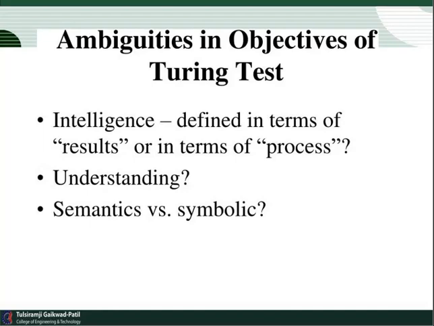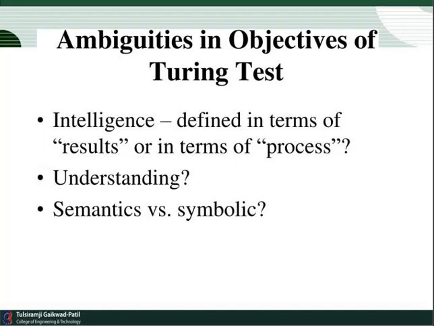Or if a person or machine is giving good results, irrespective of the mechanism of processing inside, can we say it is intelligent? So here the ambiguity is there. Can we call the one doing good processing intelligent, or the one giving us the output?